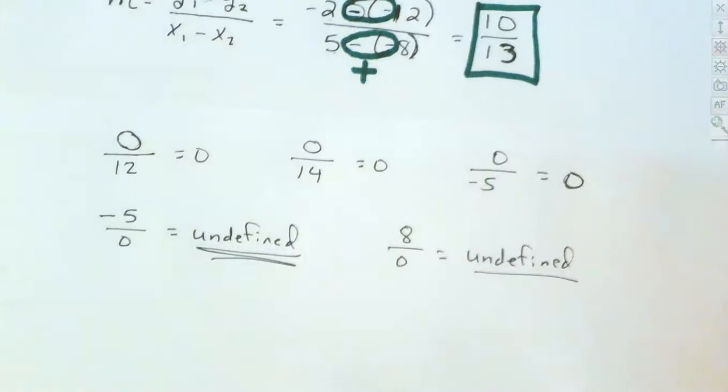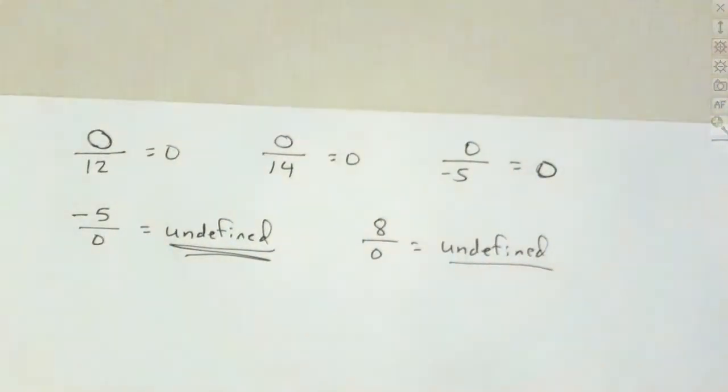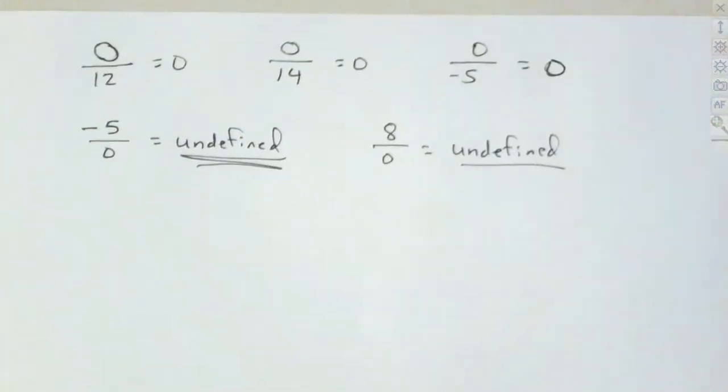You cannot take a number and divide it by 0. It cannot happen. You can't take 8 pieces of pizza and split them up 0 ways. It doesn't work. It has to be 0 on the top, number on the bottom to make it 0. If it's 0 in that denominator on the bottom half, then it is not 0, it is undefined.